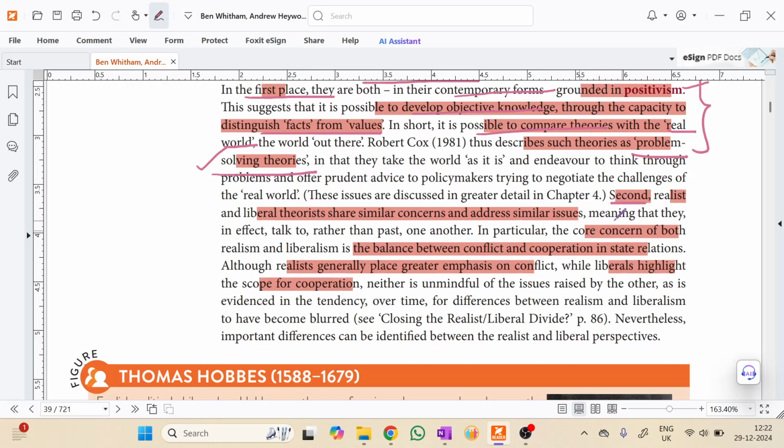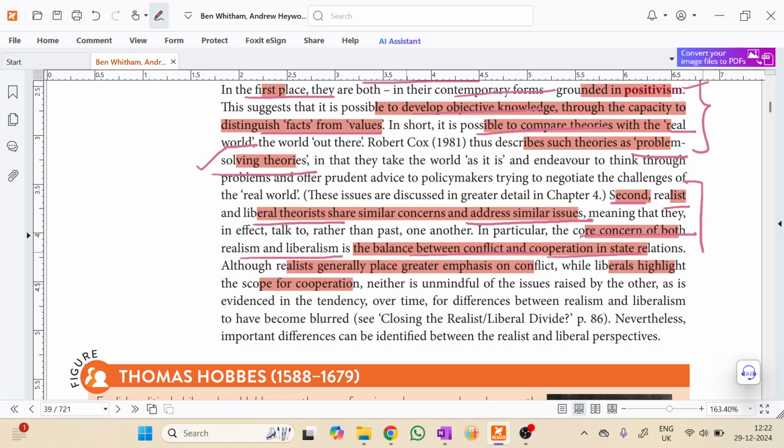And the second common ground is that realism and liberalism both deal with similar issues. The core concern of both theories is the balance between conflict and cooperation in state relations.